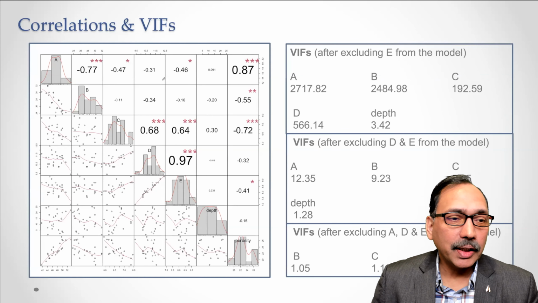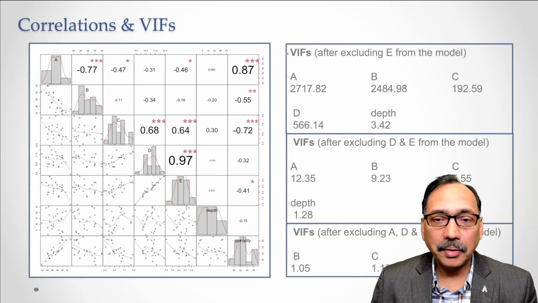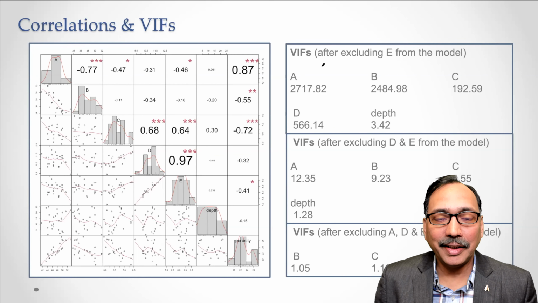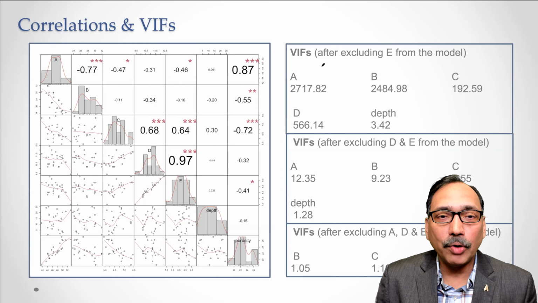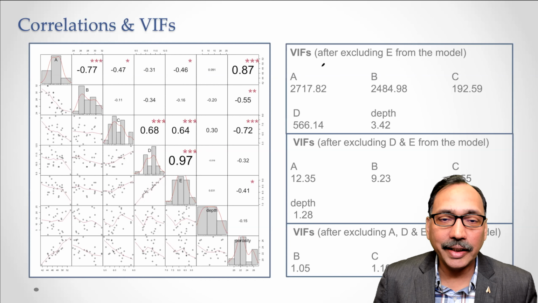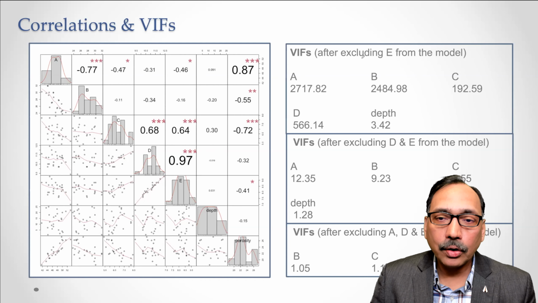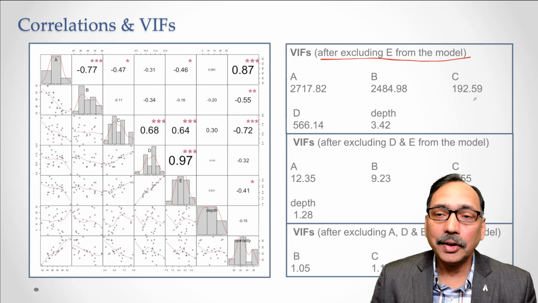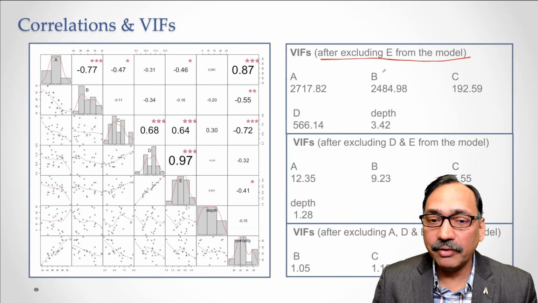So first what I did was, after removing E, because E is not contributing, A, B, C, D, that information already contains whatever is known about variable E. So after excluding E from the model, if we calculate VIFs, you see all kinds of problems. So the multicollinearity problem is very severe.